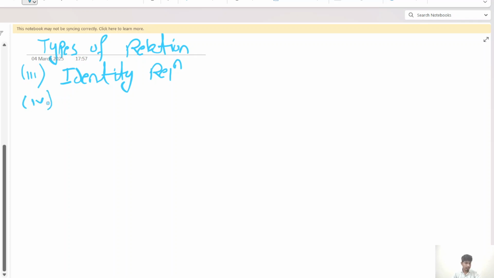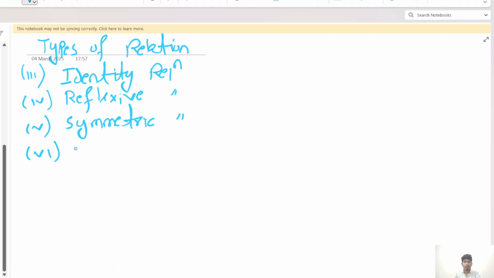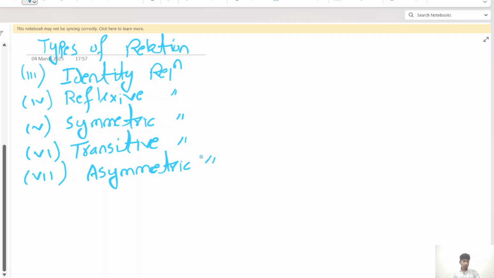Fourth one is the reflexive relation. Fifth is the symmetric relation. Sixth one is the transitive relation. And seventh is the asymmetric relation. Okay, these are the types of relation we will describe one by one.